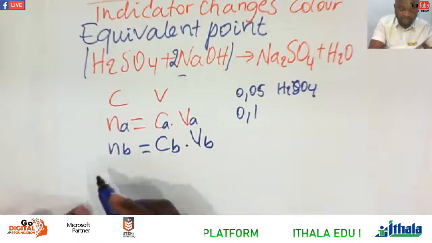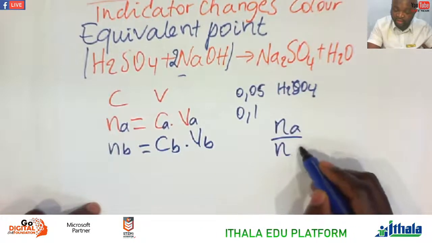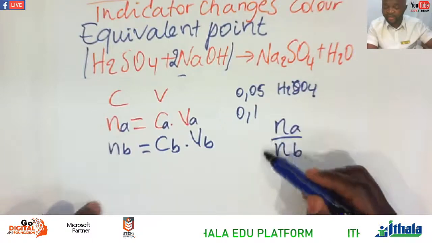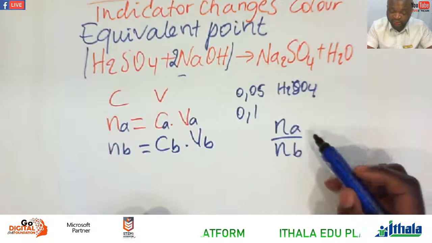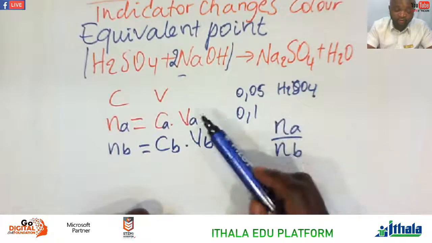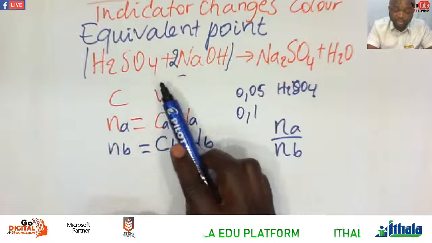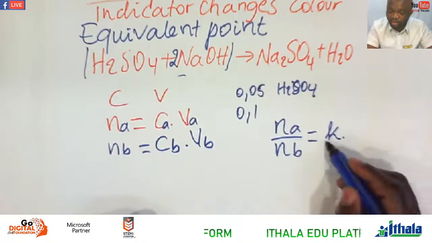This simply means that if I take the ratio between the number of moles, because this does not change from the chemical equation, the ratio will still be 1:2 according to this one. So even though I use numbers of moles, this ratio gives me a constant, and that constant does not change.